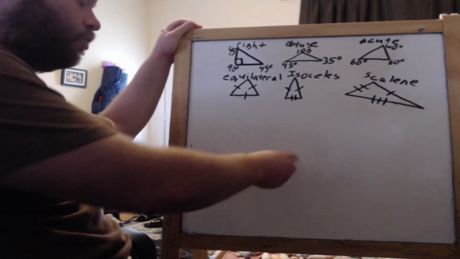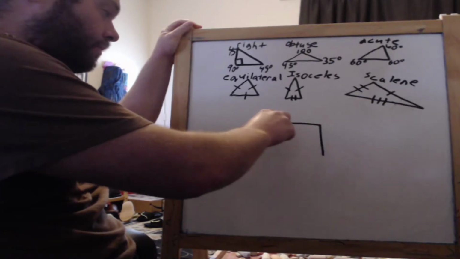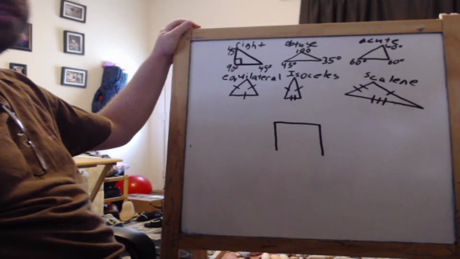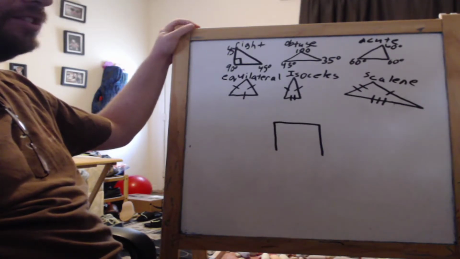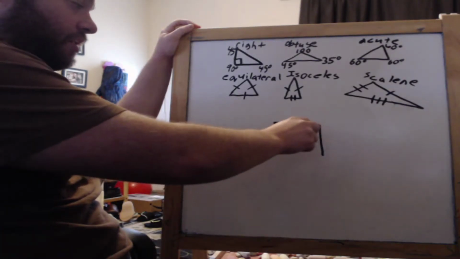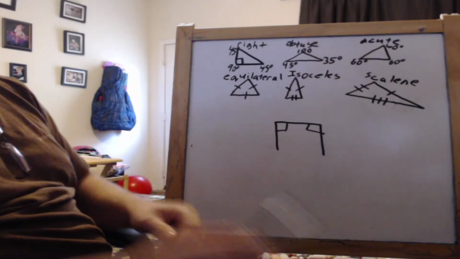So basically, if you had 2 90-degree angles, it would be something like this, and there would be one side left over, right? Because this would be 90 plus 90, this would be 180, and these would not connect.